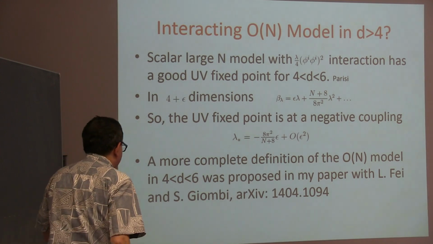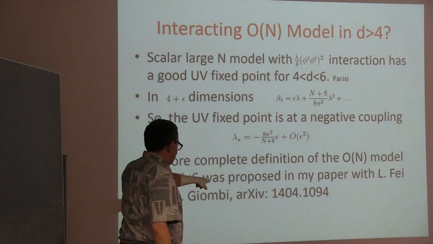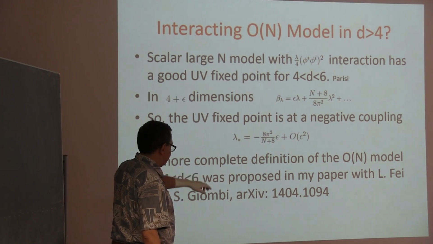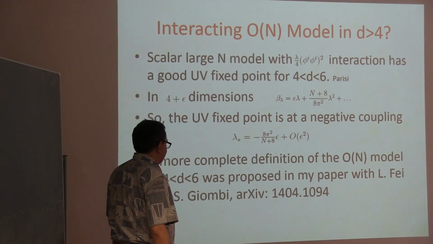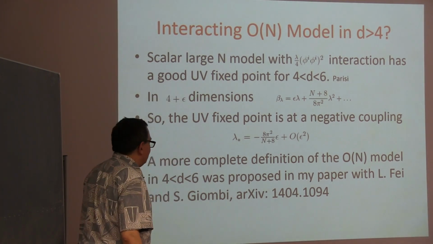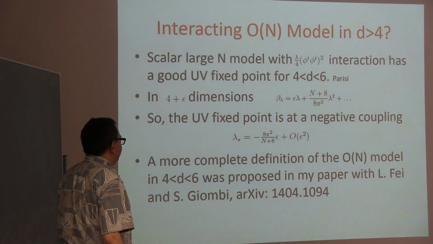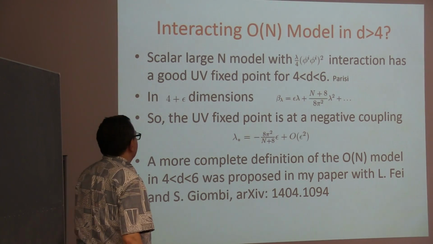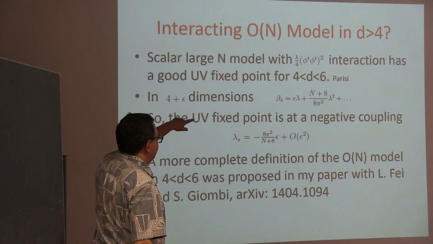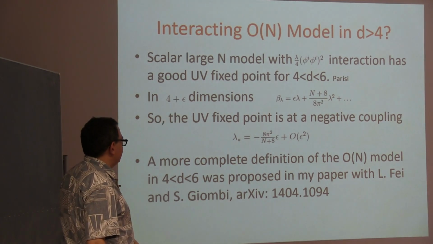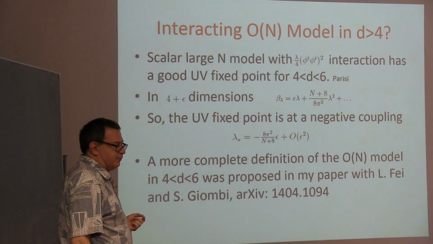So this paper with Fei and Jombi, in addition to reviewing what goes on between 2 and 4 dimensions, also contains some story about what goes on between 4 and 6 dimensions. And actually, it's an old thing about QFT that if you take this phi to the 4 theory with a negative coupling, then it's actually asymptotically free.